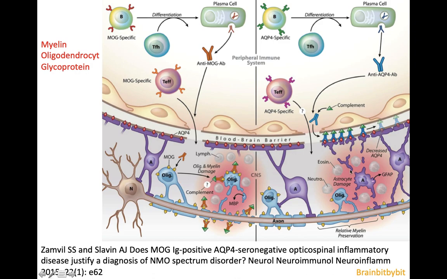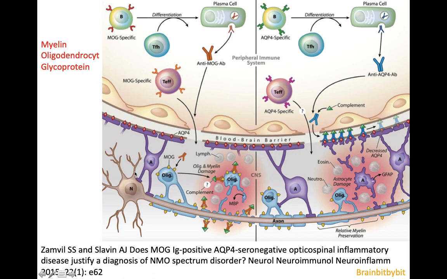And there's a small percentage of patients with NMO, 30%, that are aquaporin 4 negative, and some of them are positive for antibodies against myelin oligodendrocyte glycoprotein that you can see here, and that is targeted against the oligodendrocyte.